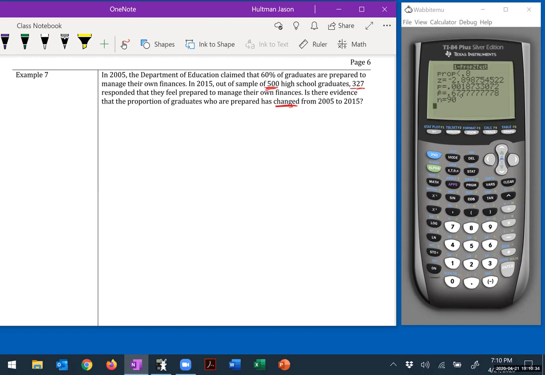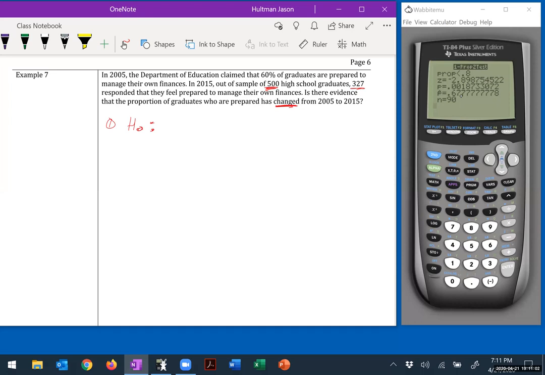Okay, so let's go through our 5 steps here. Number 1, let's write our null and our alternative. What's our null? What's our H sub 0? Okay, we're comparing this against the claim.